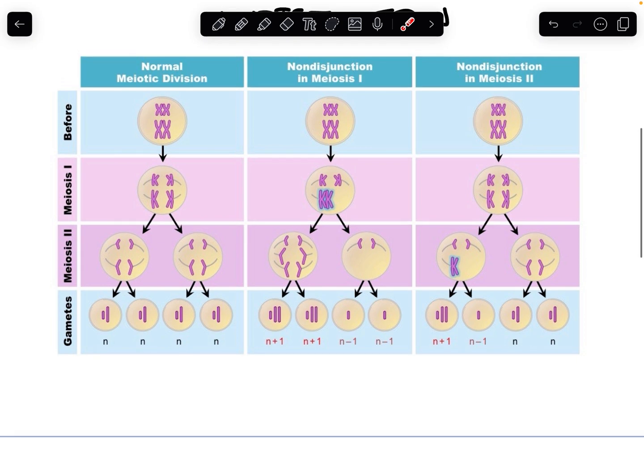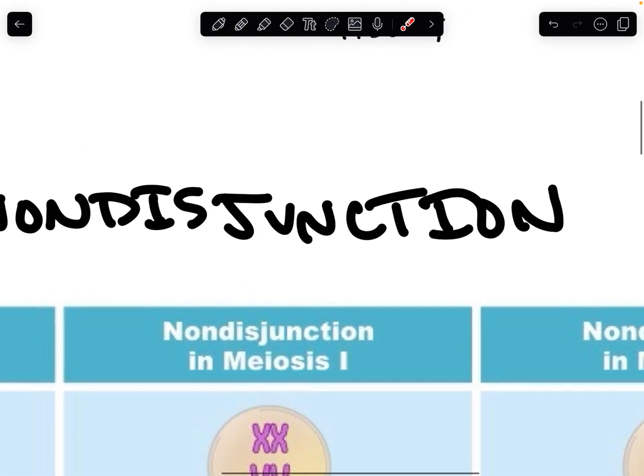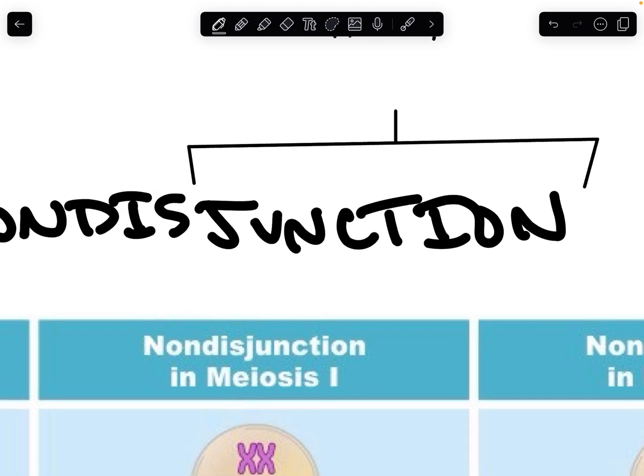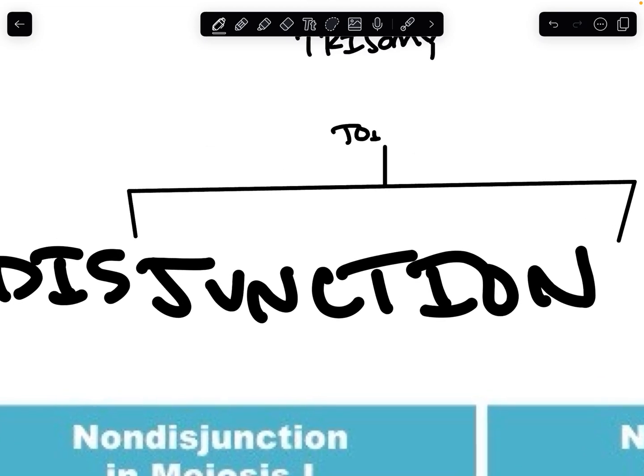Okay, non-disjunction. What does this mean? Let's break this word apart. So a junction is two things joining or coming together. So for example, White River Junction is the place where the White River comes into the Connecticut River. So let's say this is a joining.